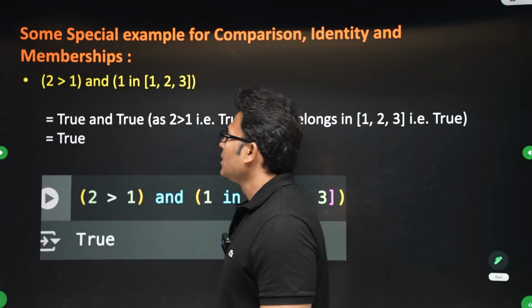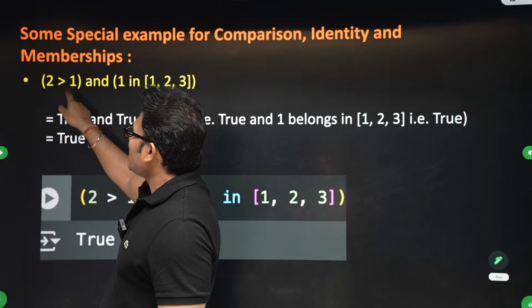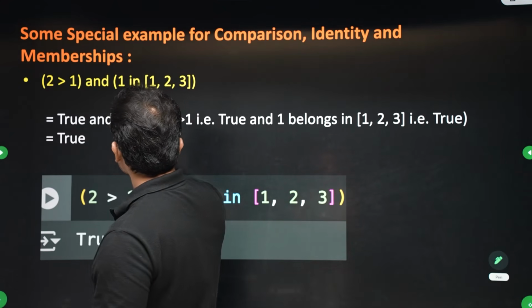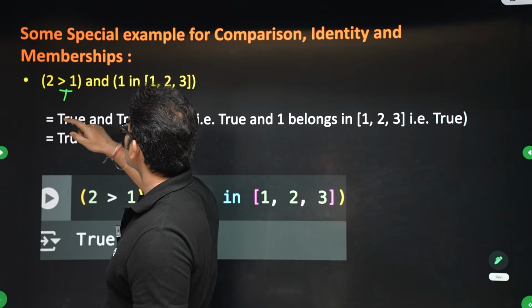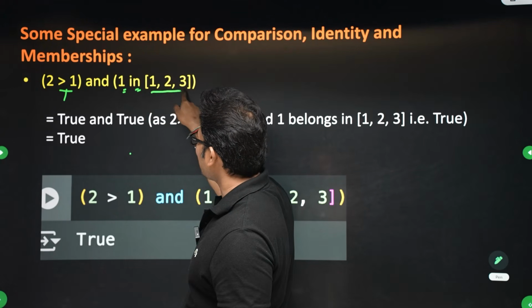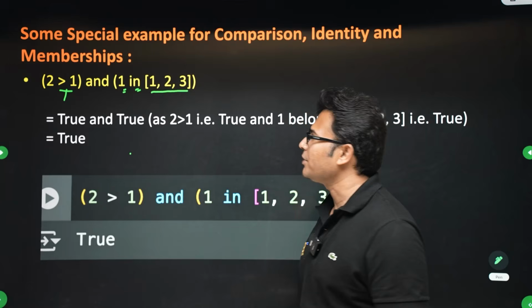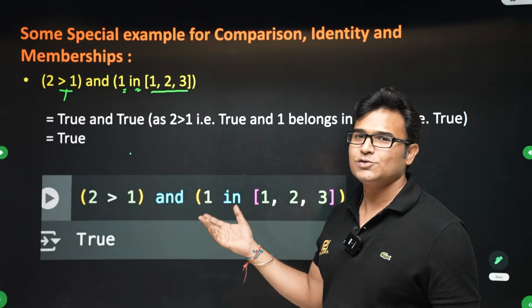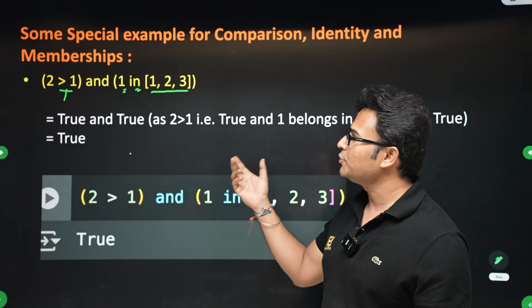Now let us say 2 is greater than 1. So this is true. And 1 in 1, 2, 3. Actually, I didn't explain this in operators, but it is very easy. It is common sense. So that is why I'm using it here, but I will explain you later.